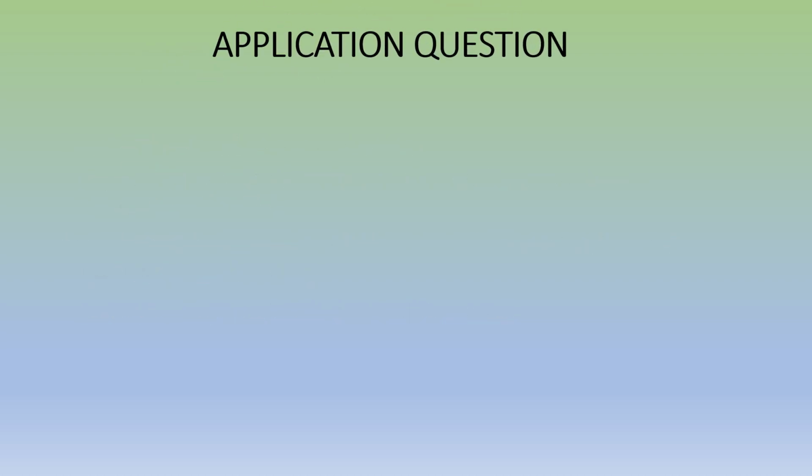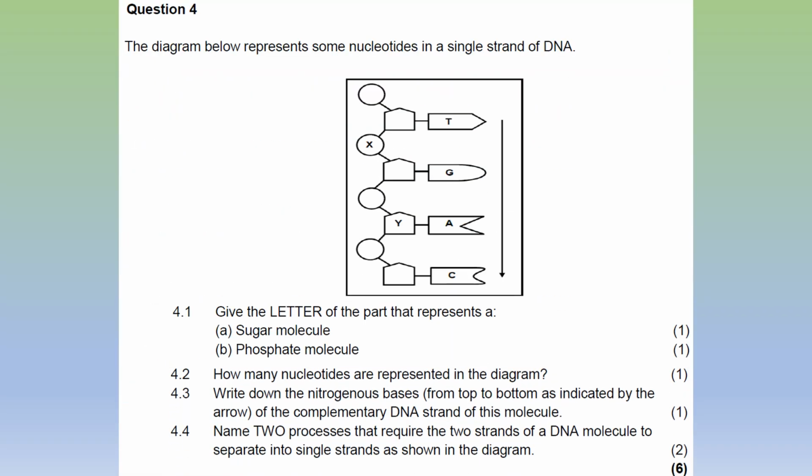So now let's look at an application question. When we get a diagram like this, make sure you read all the relevant information and look at the diagram carefully to see what is going on. If I look at it, it says that it represents some nucleotides in a single strand. So it's not showing us the entire DNA structure.